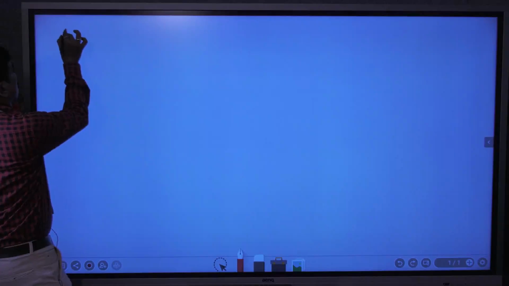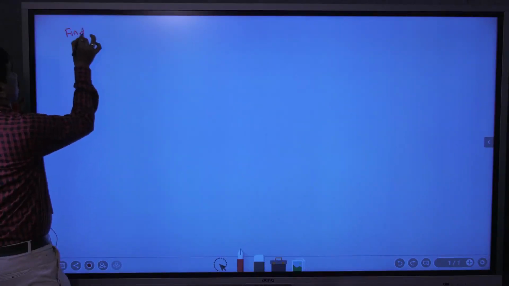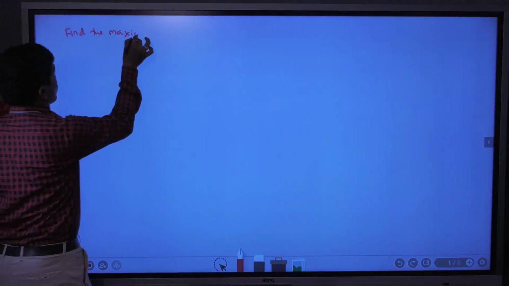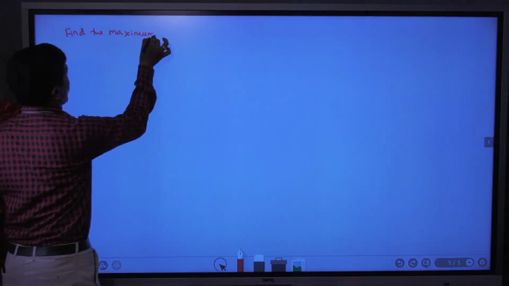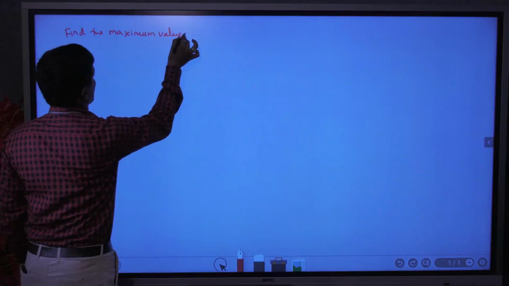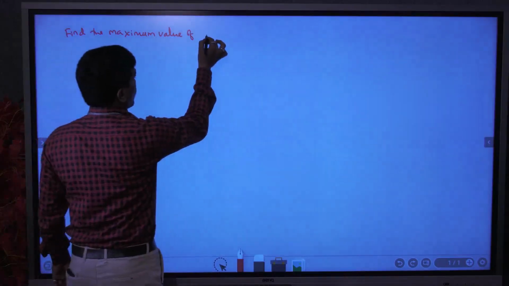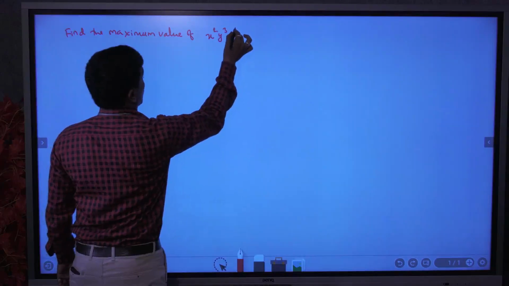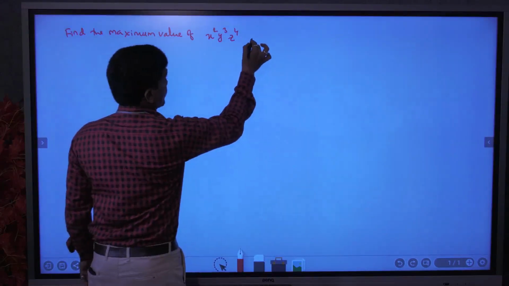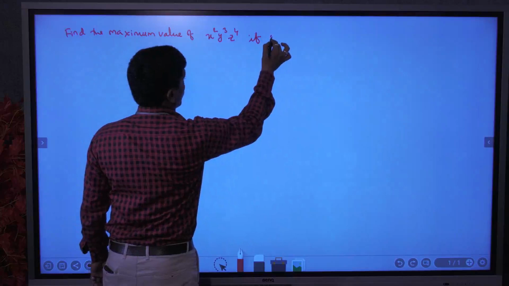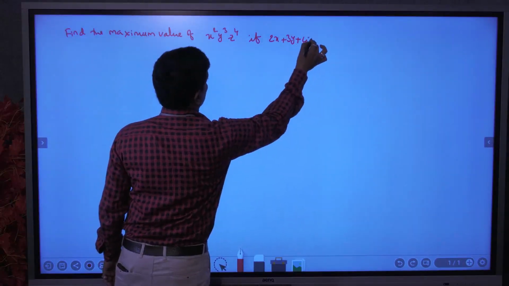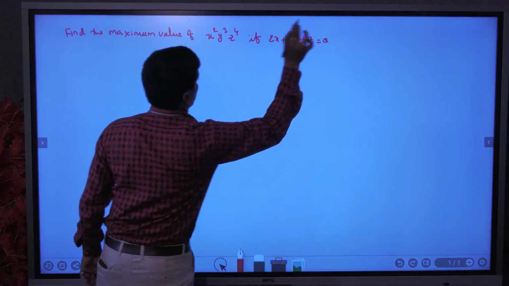Find the maximum value of x square y cube z power 4 if 2x plus 3y plus 4z is equal to a.